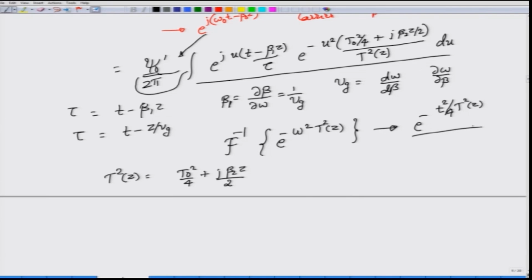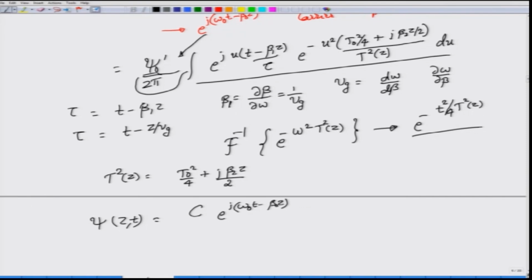The final result psi of zt is given by all those constants as c. Because there is an inverse Fourier transform, there would be one more constant, so let us call all those constants some constant c. And you have the carrier term arriving here with its own phase velocity, e power j omega 0 t minus beta 0 z, and then you have the Gaussian function.